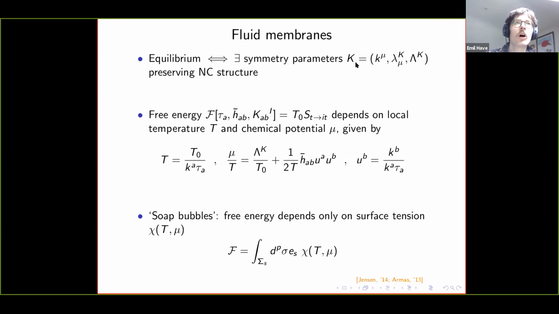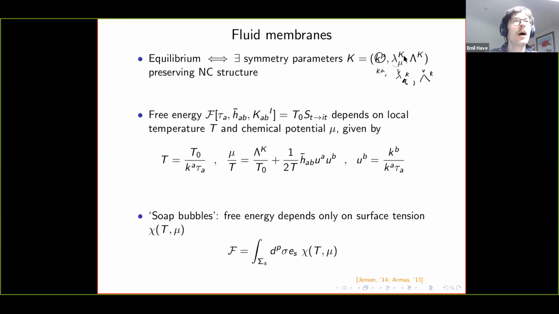And these preserve the Newton-Cartan structure in the same way as a Killing vector preserves the metric in pseudo-Riemannian geometry. And in particular, for our purposes, such a set of symmetry parameters is taken to exist also on the surface itself. So rather than a mu index here, we'd have a K^A and a big Lambda check K. So this is a Newton-Cartan Killing vector.